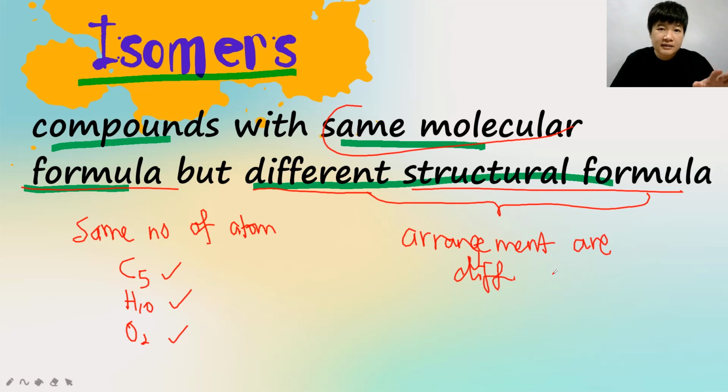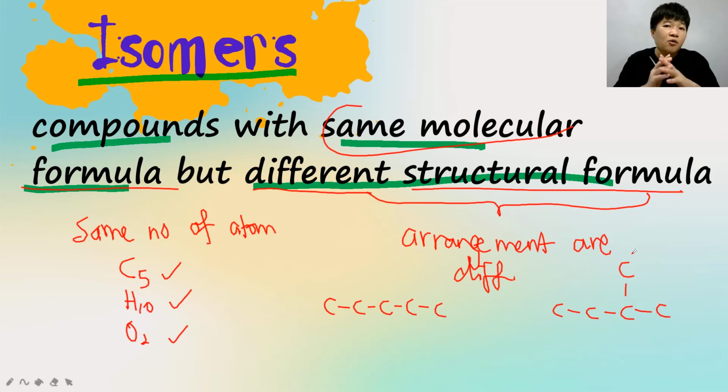What do we mean by the arrangements are different? 5 carbon can be arranged in many ways. 5 carbon can be a 5 carbon straight chain like this, or 5 carbon with 1 branch. See that? The main thing here is same molecular formula but different structural formula.